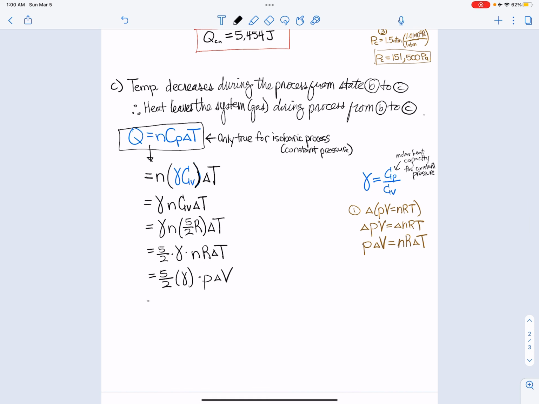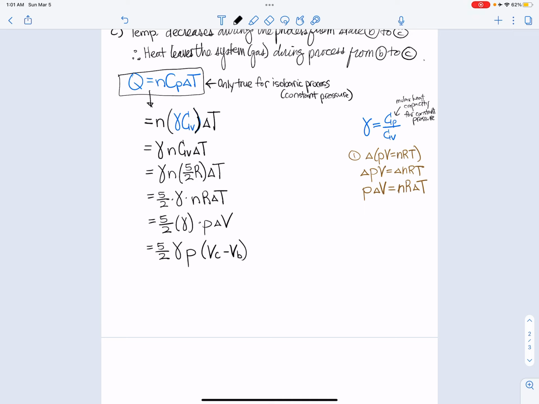And that is equal to 5 over 2 times gamma times pressure, that's constant, times, this time I'm going from state B to state C, so volume at state C minus volume at state B, right? State B to state C, that's where I'm going from.